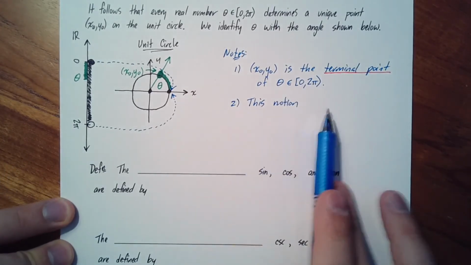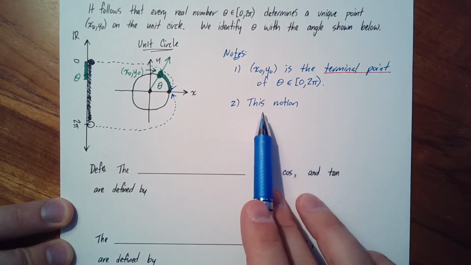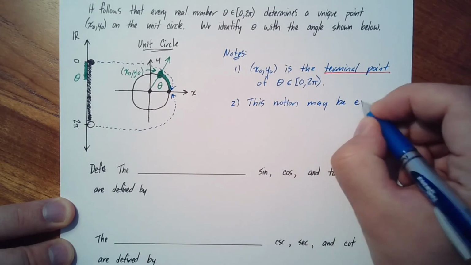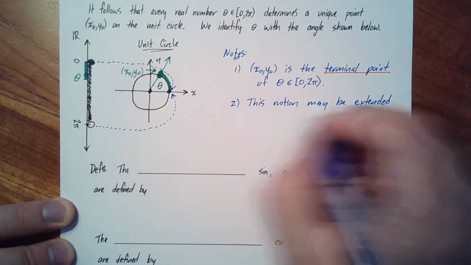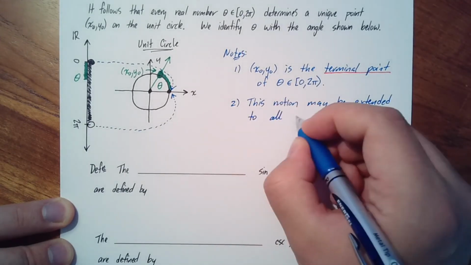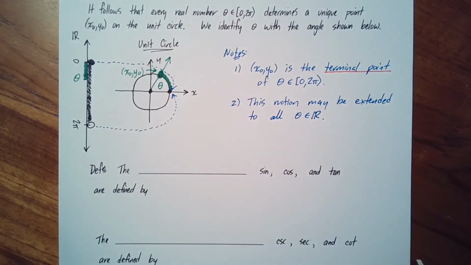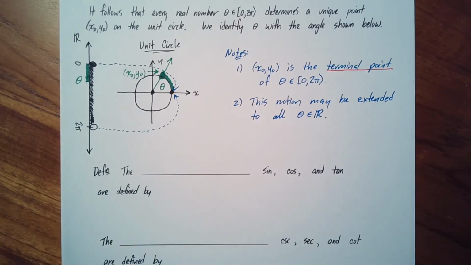But I'm just going to write down a brief summary of that. I'll just say this notion may be extended to all real numbers theta. So to every theta in the set of real numbers, they're all going to have terminal points, and they're all going to be identified with corresponding angles.